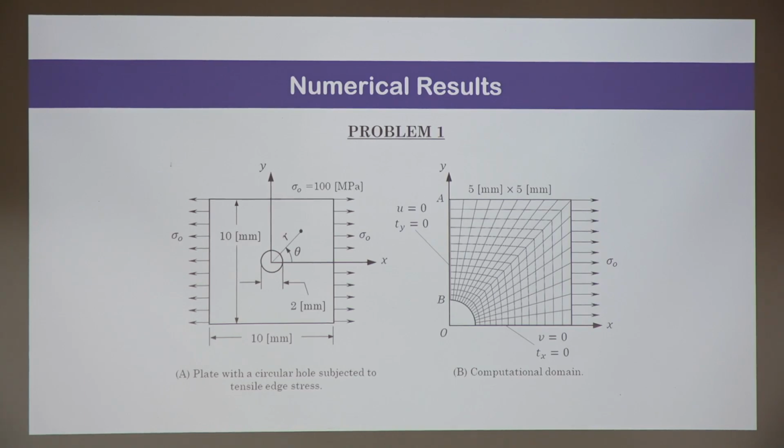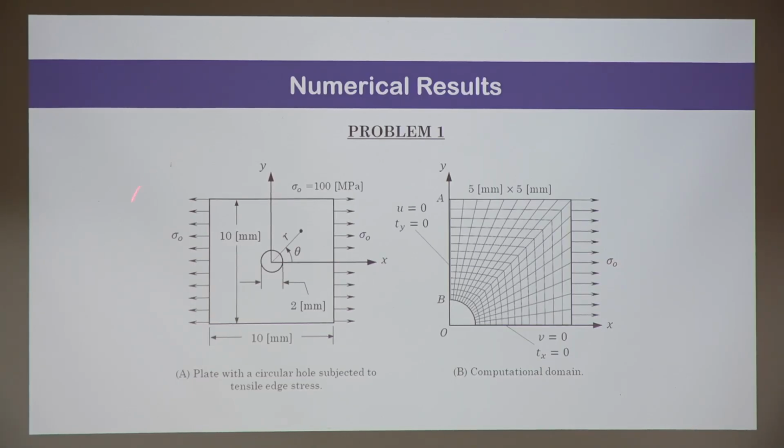So here the solution exists for an infinite plate with a hole. That's the only problem where you can solve analytically. But that is not the case here. It's finite. So don't expect the finite element or finite volume solution to be the same as the analytical solution, because the analytical solution is for an infinite plate. Okay. All right.